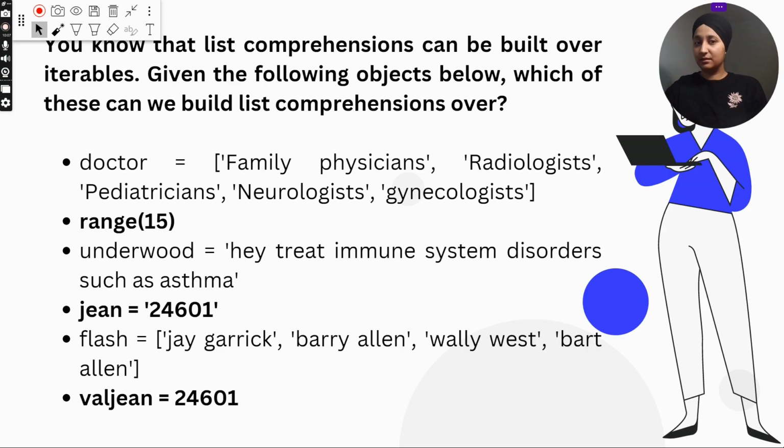Now we are given some options and you have to check whether these are iterables, and whether we can build list comprehensions over these iterables. Can we recreate these lists using list comprehensions? Now this is a question for you. I'm not going to solve it.